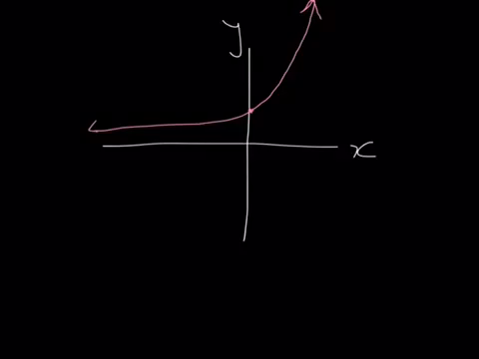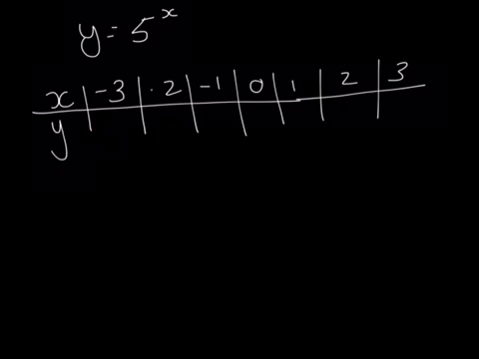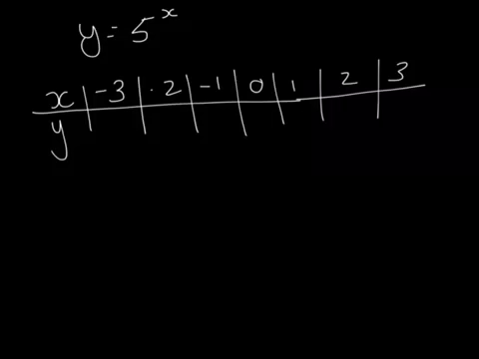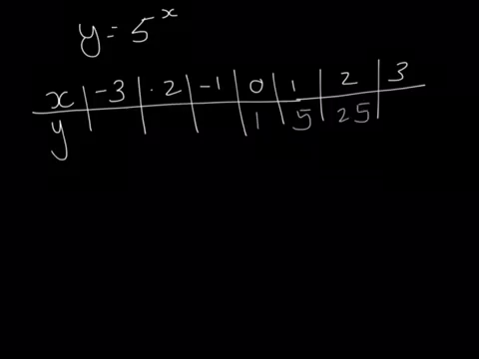Okay, so let's look at another example. If my function is 5 to the power x, I know 5 to the power 0 is going to be 1, 5 to the 1 is 5, 25, 125.